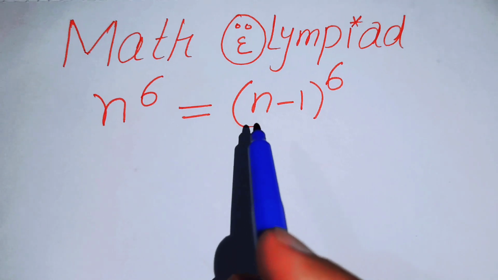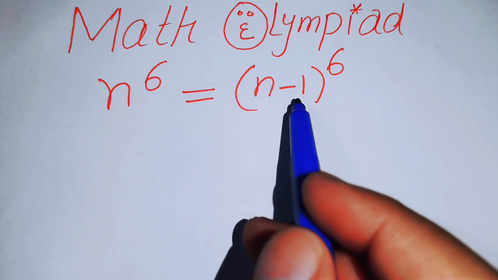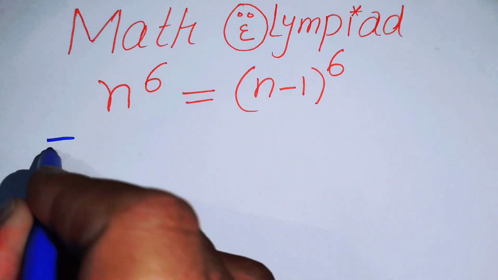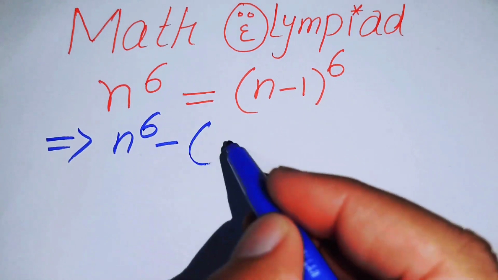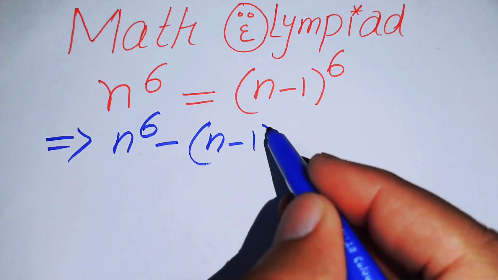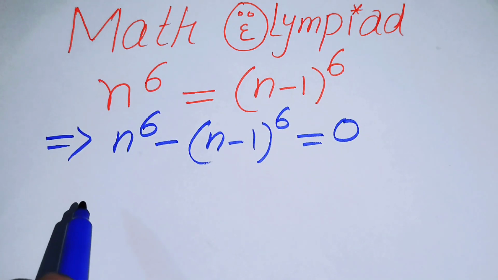So the very first thing we are going to do is move this (n minus 1) to the power of 6 to the left hand side, and you will get n to the power of 6 minus (n minus 1) to the power of 6, and this whole equation is equal to 0.